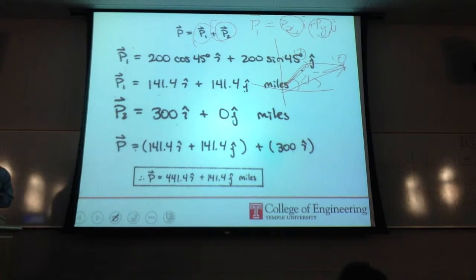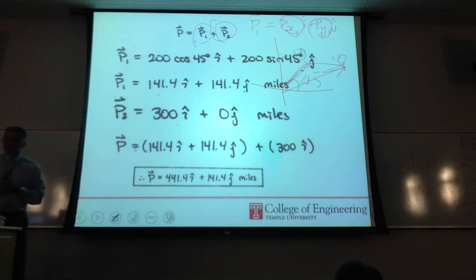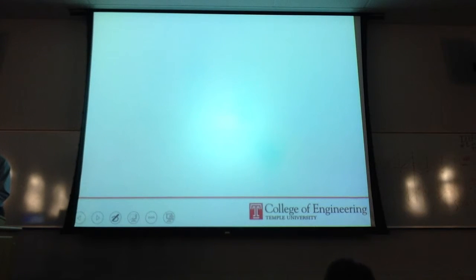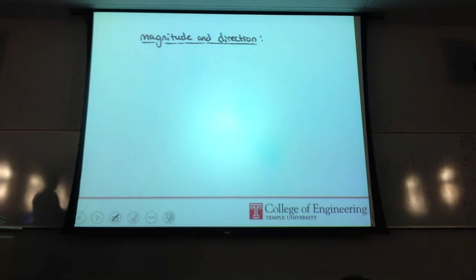For the polar form, what do I need? What do I need? Yes. P and angle, right. Or simply put, magnitude and direction.